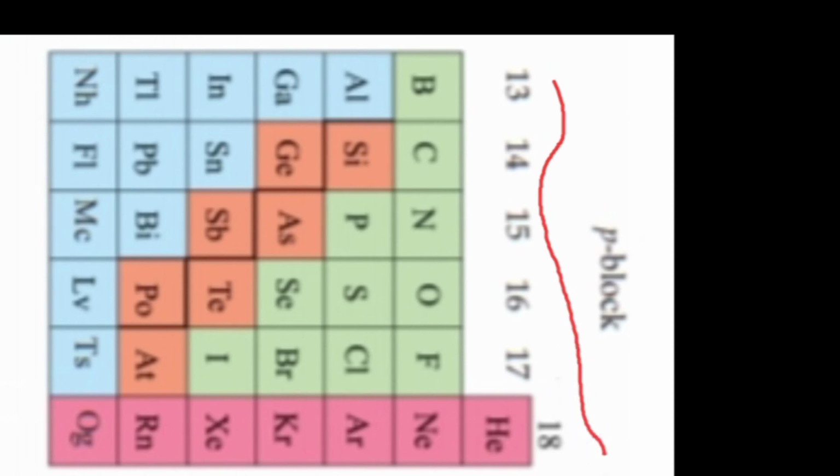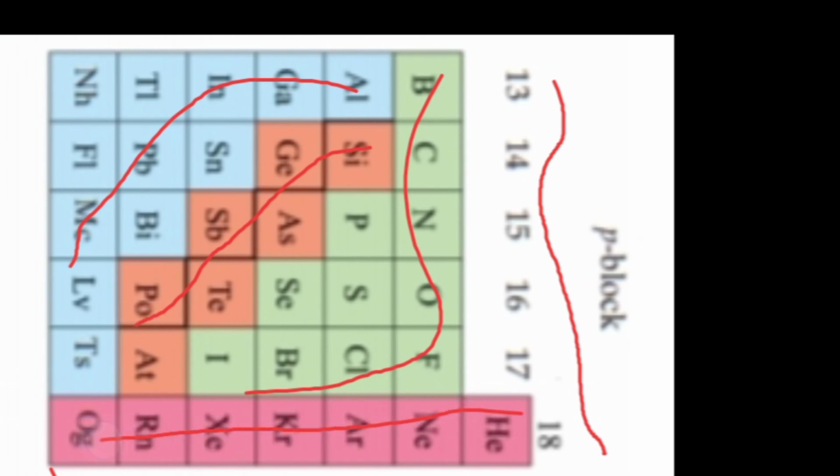The peculiarity of the p block is that it consists of gas, solid and liquid elements, and also metals, non-metals, metalloids and noble gases.